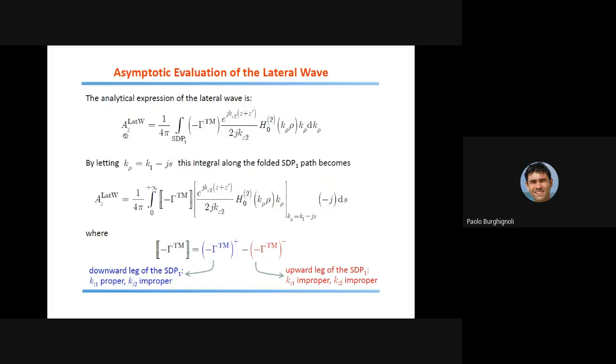The analytical expression, to have it in front of us, is the following. It's an integral along the steepest descent path number 1 of the usual integrand that we already described before. Now, along the steepest descent path number 1, which is vertical, we may let k_rho, the integration variable, equal the wave number k1 minus j s, where s is a positive real number.